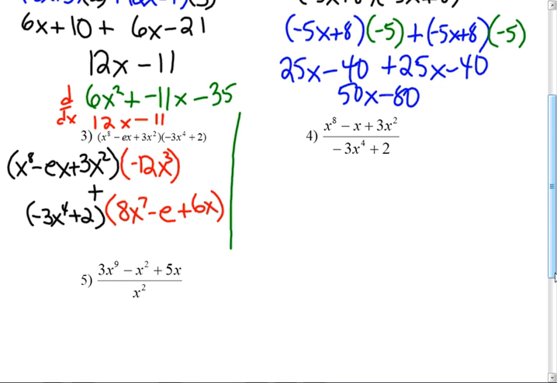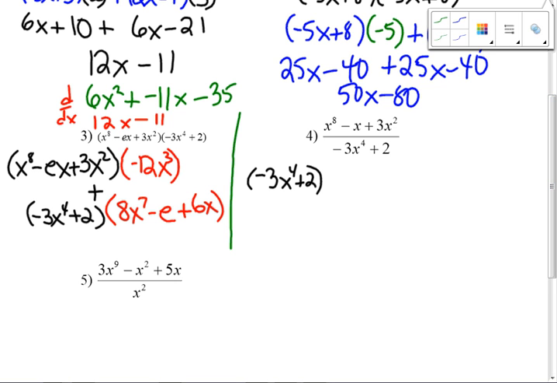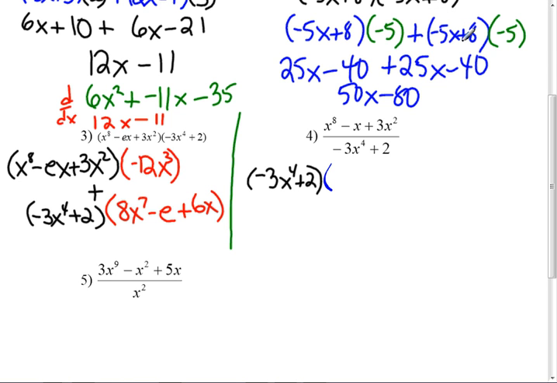Okay, what about this one? Now, this is the quotient rule. So it's the denominator, negative 3x to the 4th plus 2, times the derivative of the numerator. What's the derivative of the numerator? Minus 1. Oh, we did that already, right?